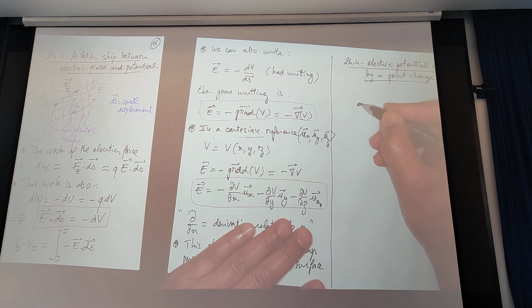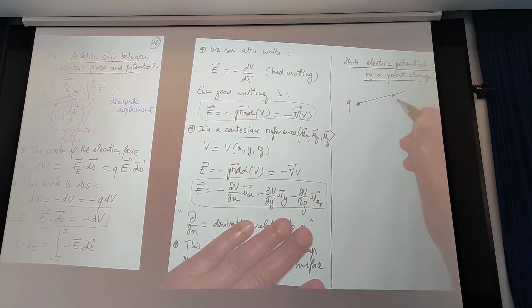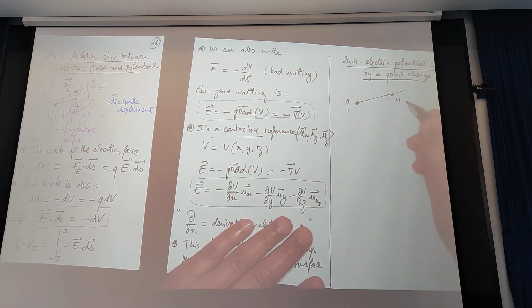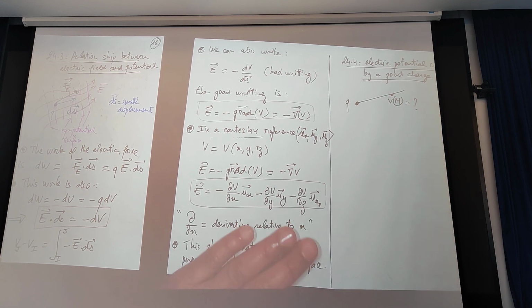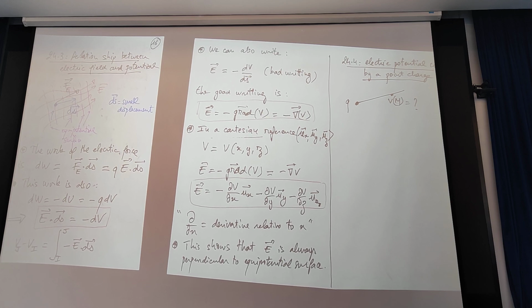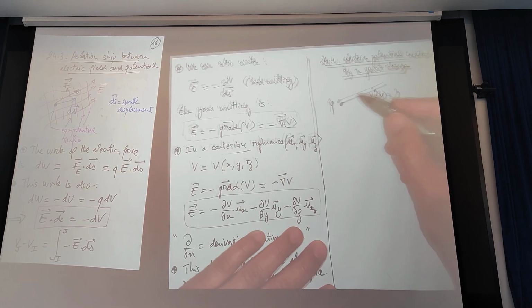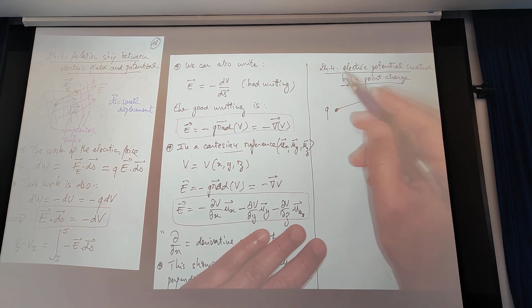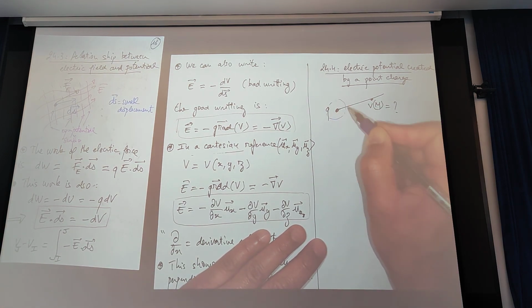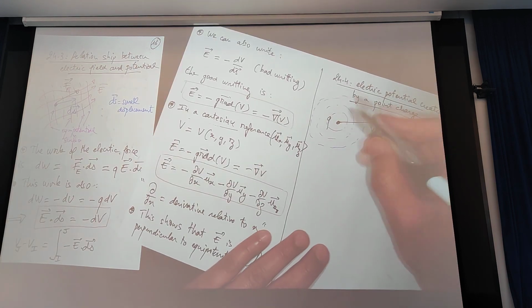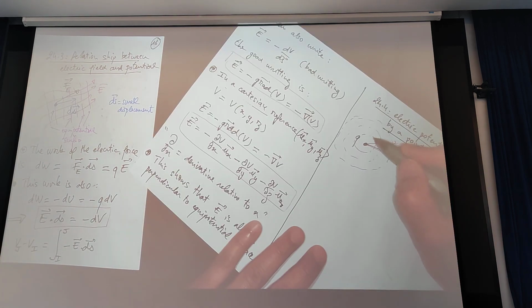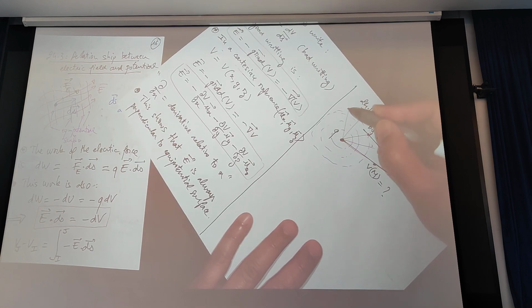Okay, so we have a charge Q, we have a point M, and the question is, at this point, what is the potential? Okay, so we know that the equipotential surfaces are spheres like this. We know that the electric field is like this.